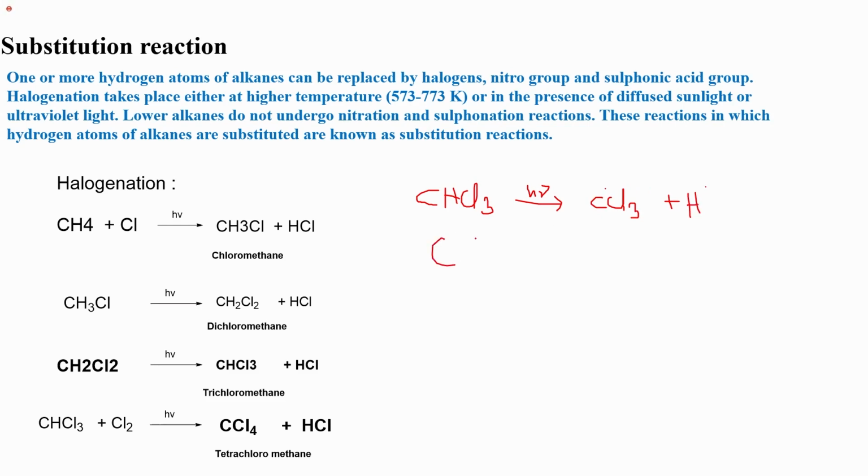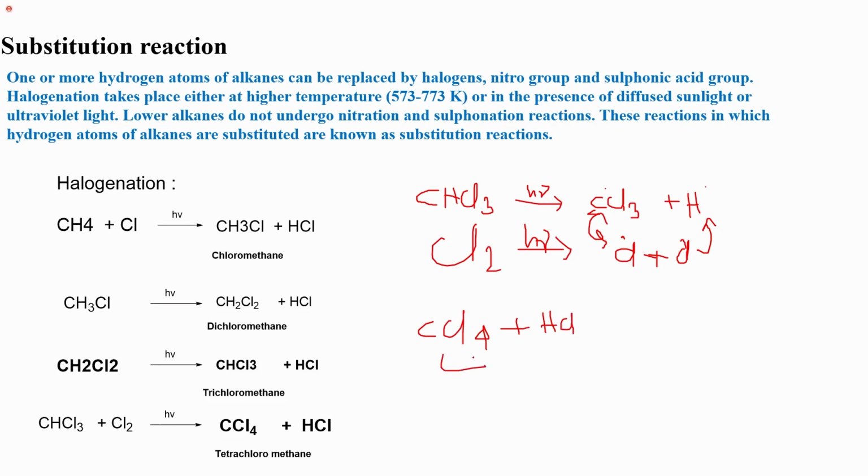And in the same way you have Cl2, which under photolytic condition gives Cl dot plus Cl dot. Now it will react here and Cl dot will react here. Then what are you getting? CCl4 plus HCl. And this is called tetrachloromethane.